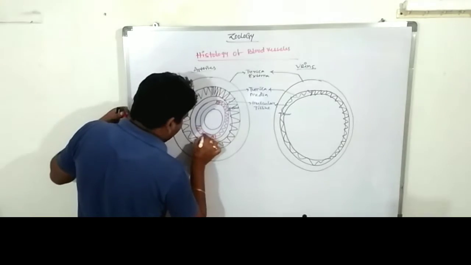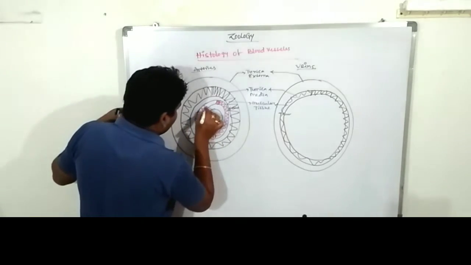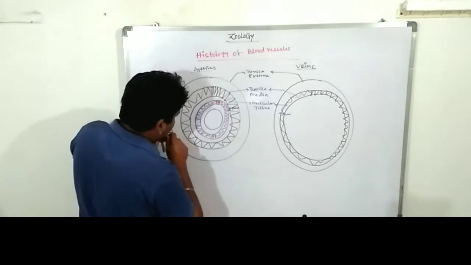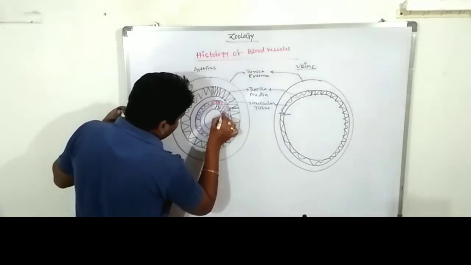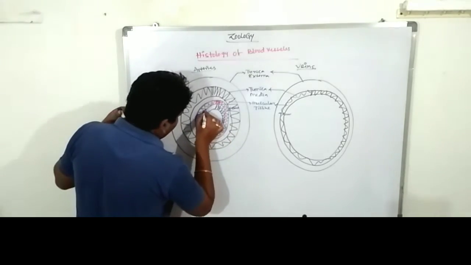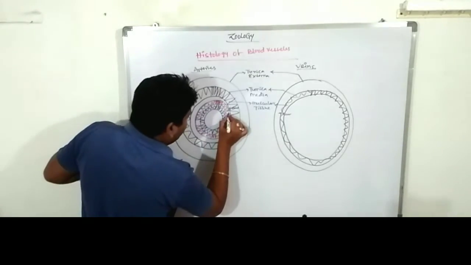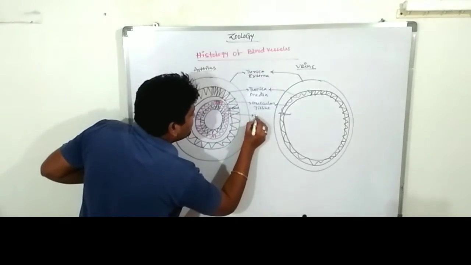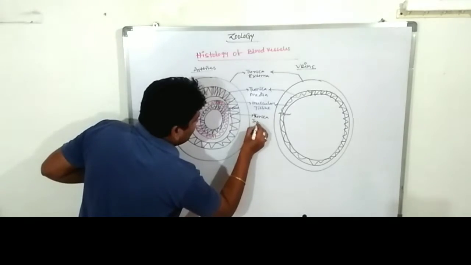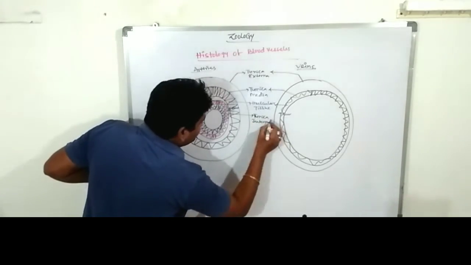This membrane is known as the elastin membrane. This one is endothelium. So what is this one? This one is tunica interna.